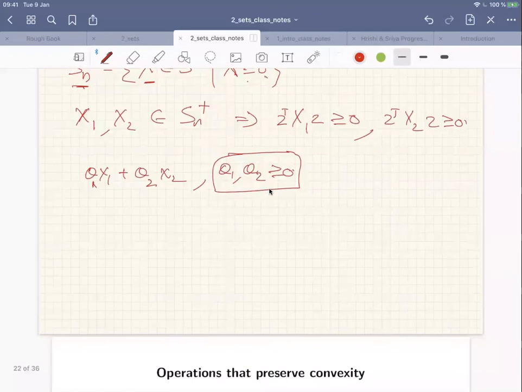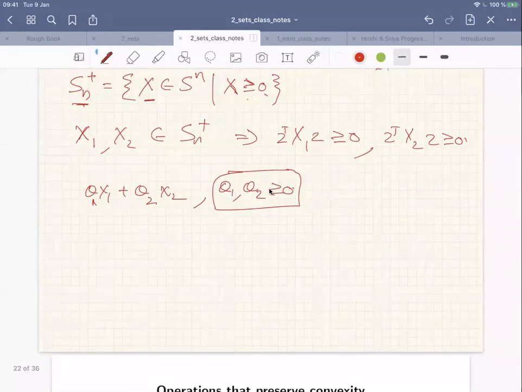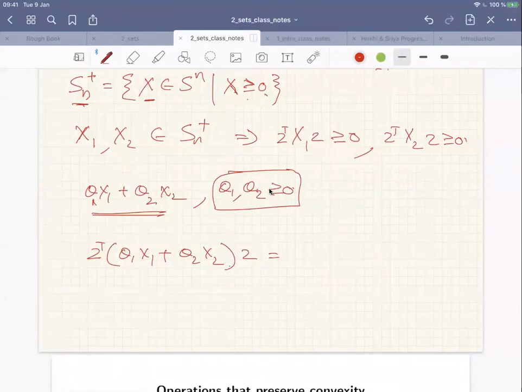Yeah, so in that case, what is the new matrix? Let's see what this is. z transpose into theta 1 x1 plus theta 2 x2 z, which is equal to theta 1 into z transpose x1 z plus theta 2 into z transpose x2 z, right?